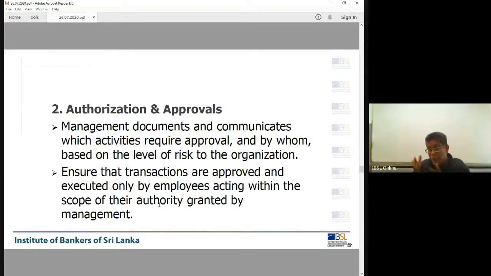No. You need to get authorization from your superior. We are going to discuss a little bit on this, like how to activate a dormant account. So your authorization limits and approvals are at different levels. Thereby you can manage internal control to some extent.